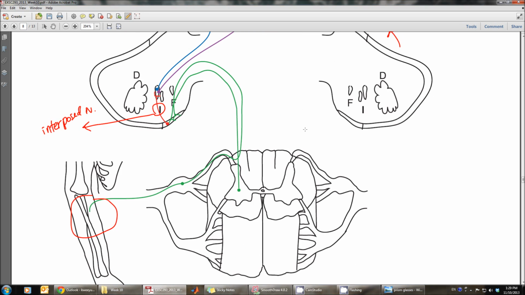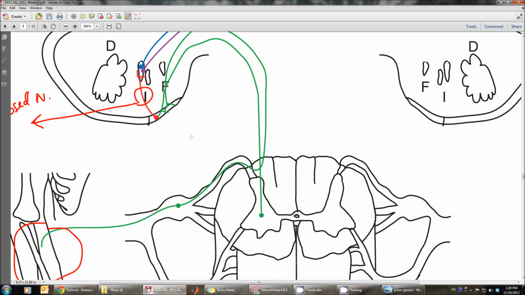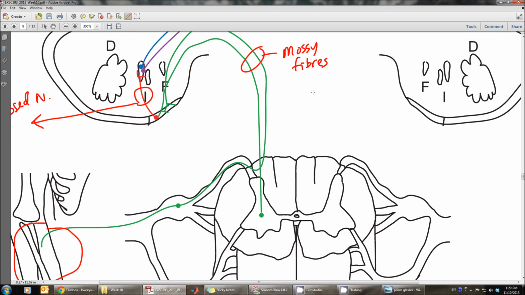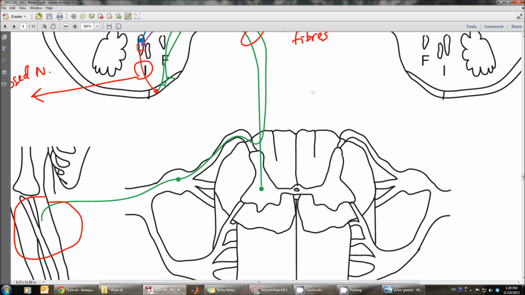So let's have a look at the inputs first. The input we're going to look at is the mossy fiber. The mossy fiber for the spinocerebellar tract has two different types. Two types: one is called the high fidelity fiber and the other is called the internal feedback fiber.